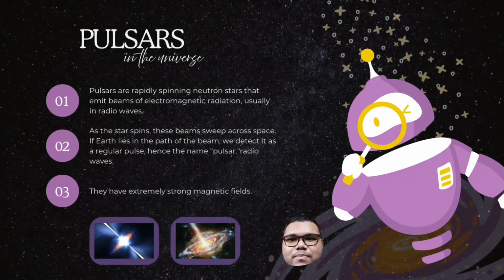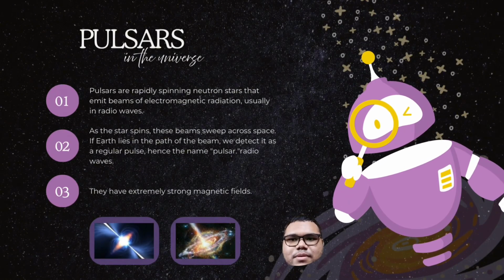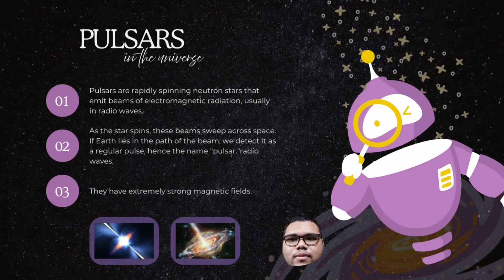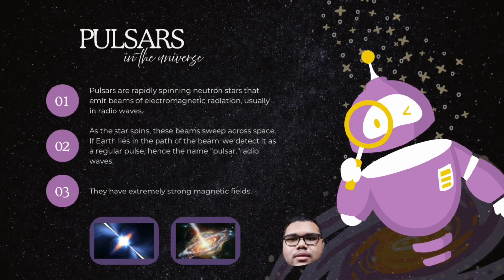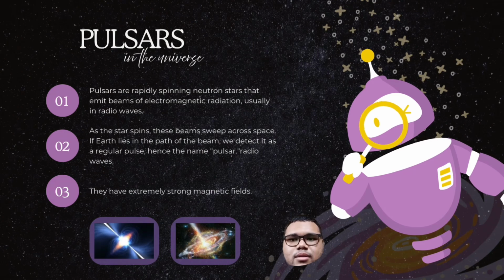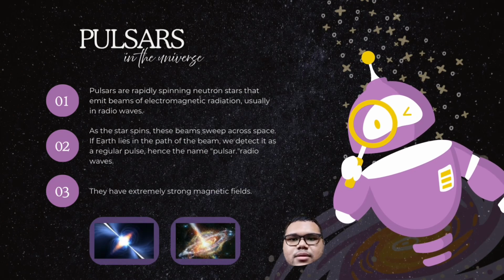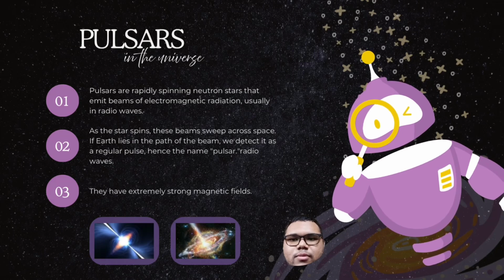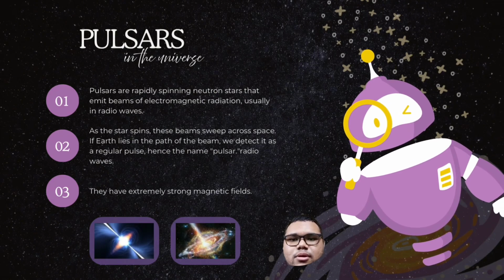Pulsars are rapidly spinning neutron stars that emit beams of electromagnetic radiation, usually in radio waves. As the star spins, these beams sweep across space. If Earth lies in the path of the beam, we detect it as a regular pulse, hence the name pulsar. They have extremely strong magnetic fields.